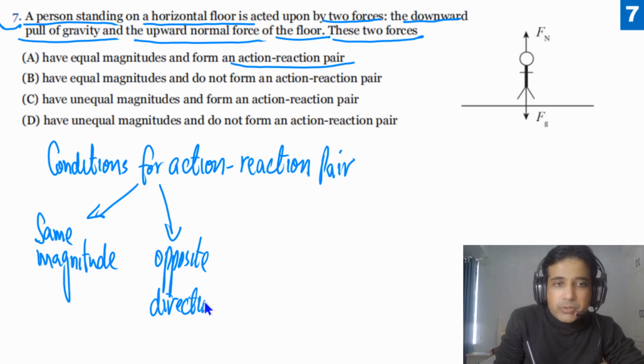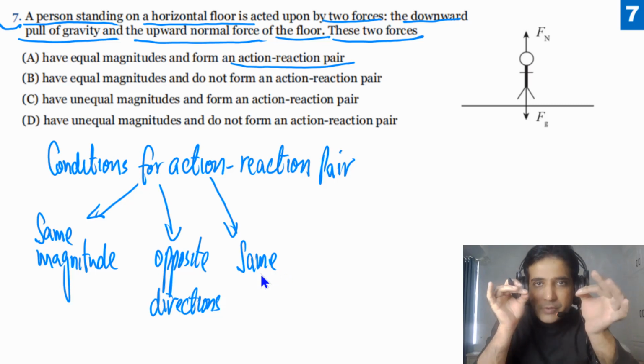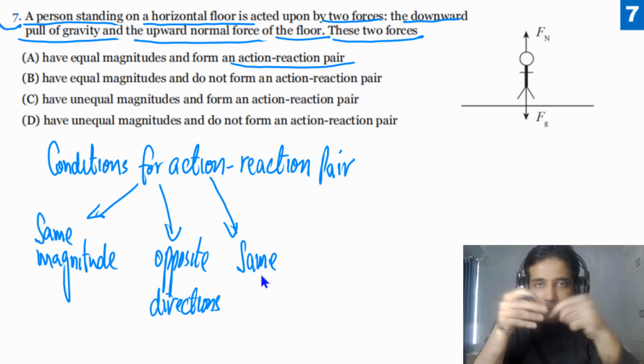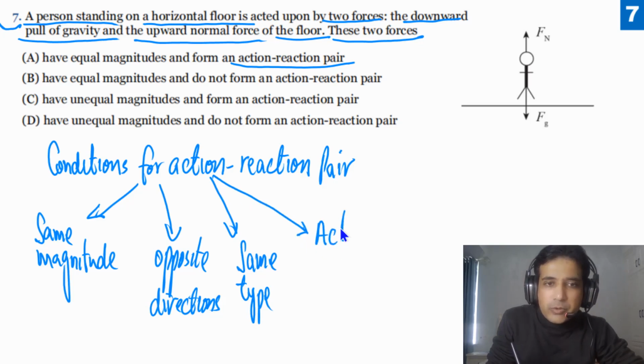And the third condition is that they are the same type of forces, meaning gravity's reaction will be gravity, normal reaction force, pushing force's reaction will be a pushing force. And the fourth condition is that they act on different bodies, not acting on the same body.